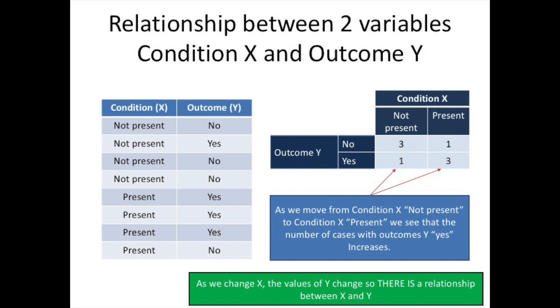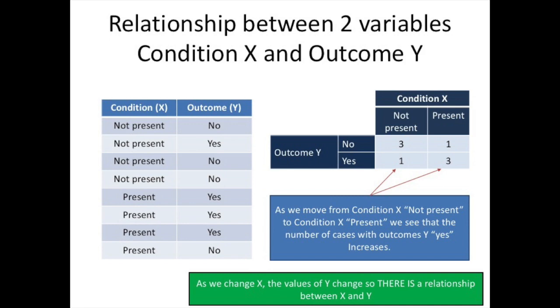And for each individual, we also have information about a certain outcome Y, whether they have it or not, yes or no. So the first individual in that list, for example, doesn't have the condition present, and doesn't have the outcome either. The second individual in the list doesn't have the condition present, but does have the outcome.